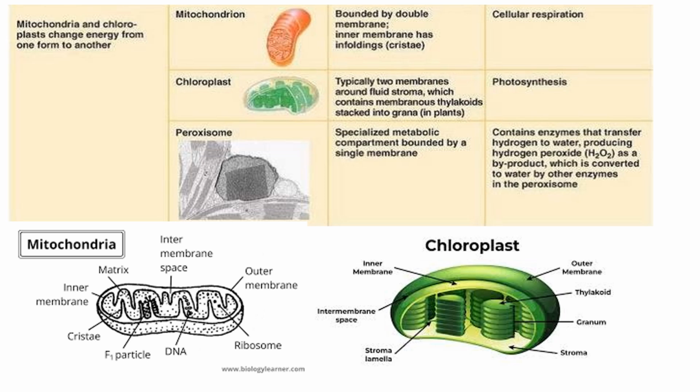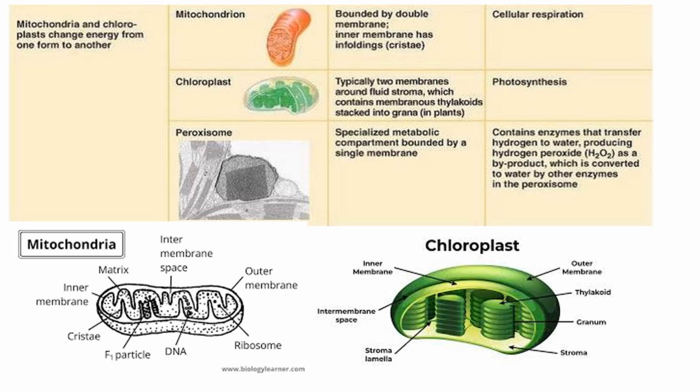The mitochondria is bounded by a double membrane, and the inner membrane has infoldings called cristae, as you can see in this picture. This is the place where cellular respiration takes place. Chloroplast is also a two-membrane structure and is responsible for photosynthesis.